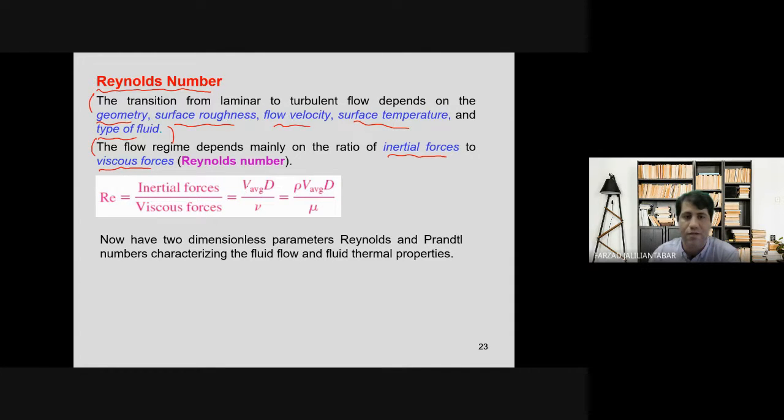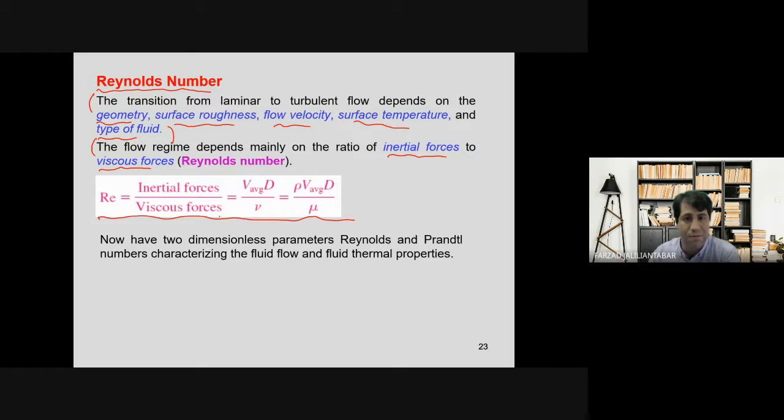So here V average is the average velocity of the flow, and D is the diameter of the flow. And here is the viscous force. This equation can be rewritten like this: rho V average D divided by mu, where mu is the dynamic viscosity and rho is the density. So this is the equation to calculate the Reynolds number.